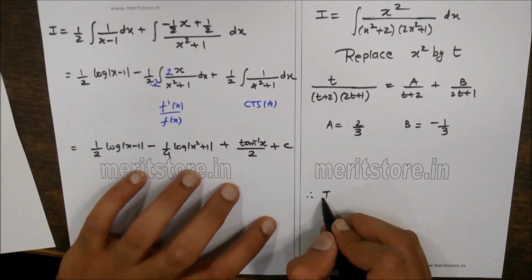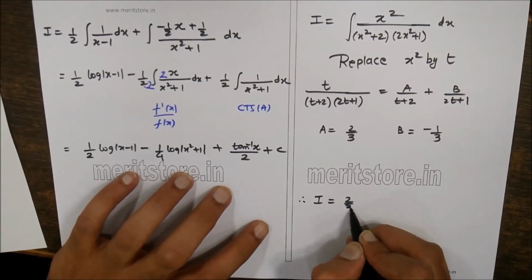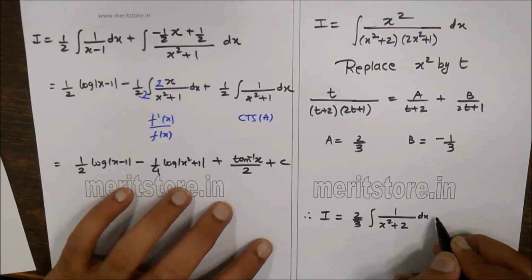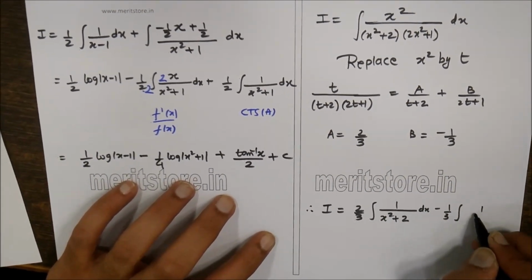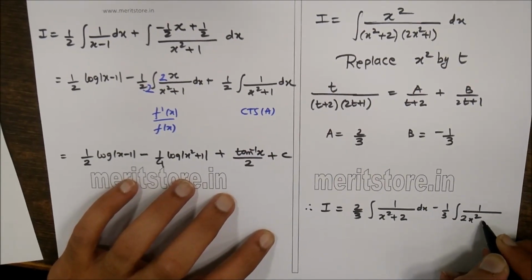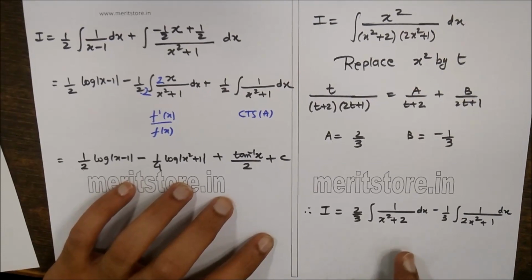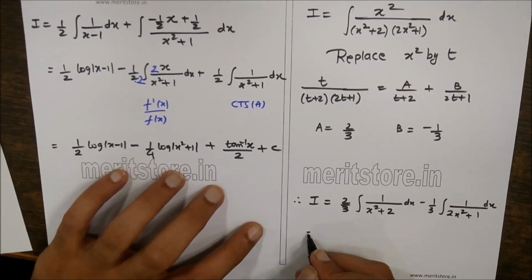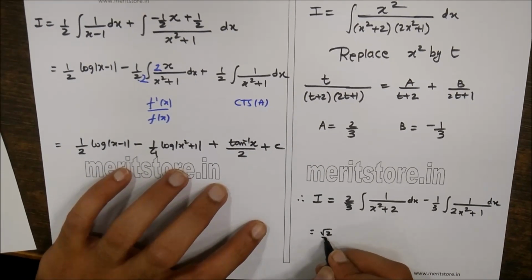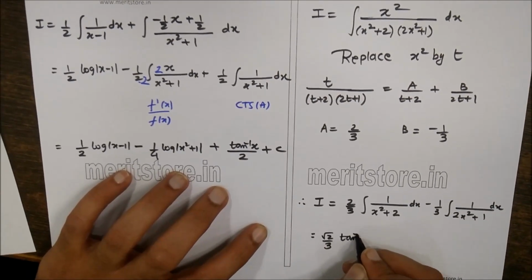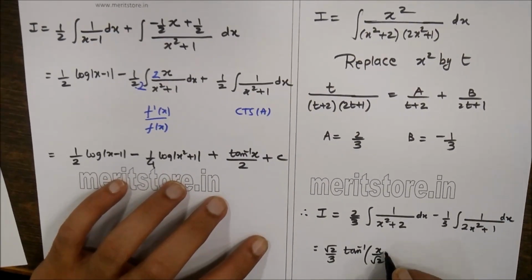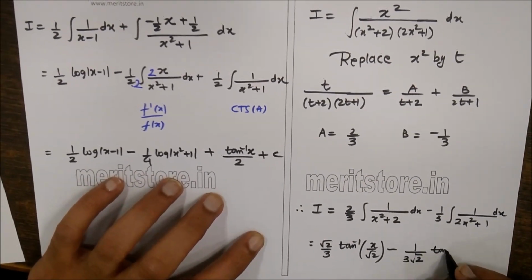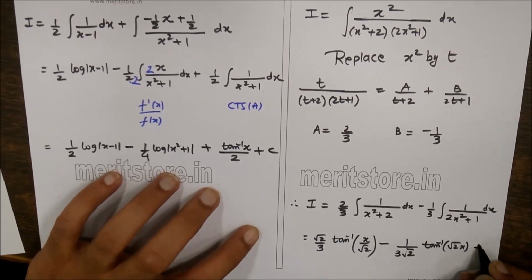And therefore, my integral will be written as 2/3 of integral of 1 upon x square plus 2 minus 1/3 of integral of 1 upon 2x square plus 1 dx, both of the categories CTS type A. Applying the formula, the final answer is root 2 upon 3 tan inverse of x upon root 2 minus 1 upon 3 root 2 tan inverse of root 2x plus c.